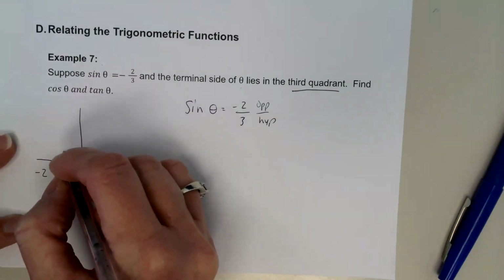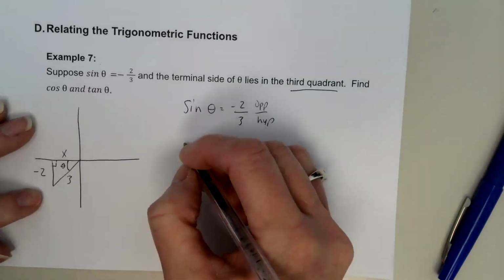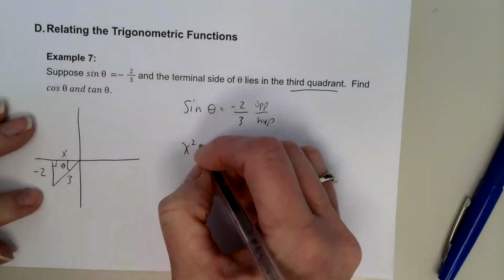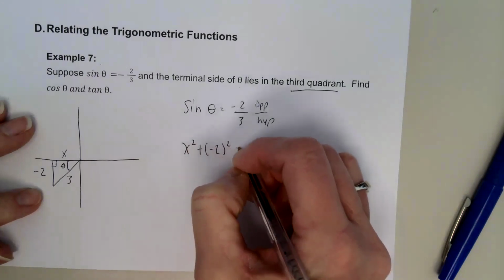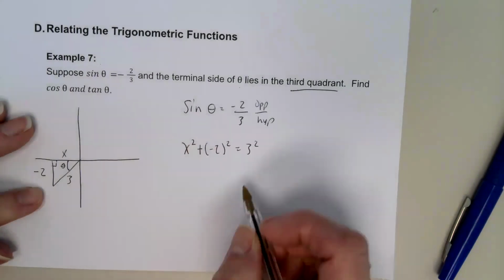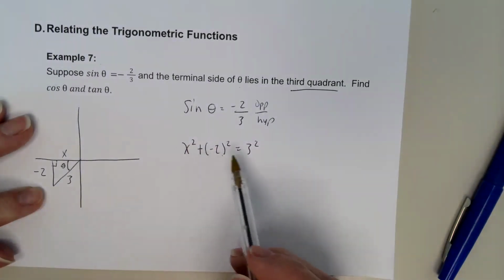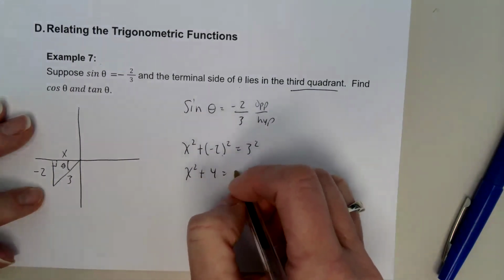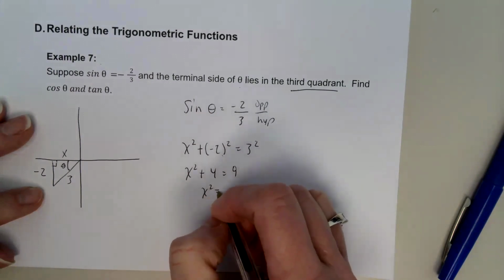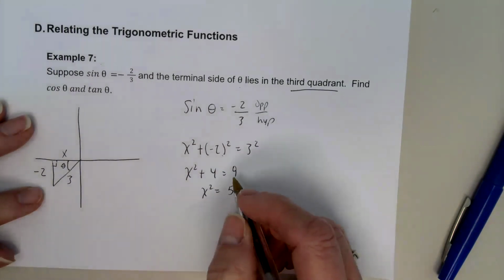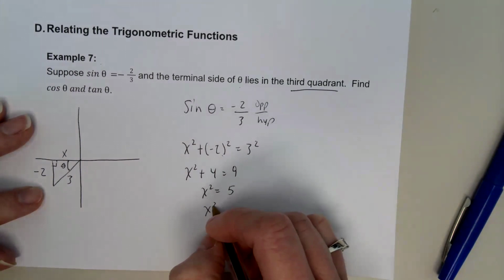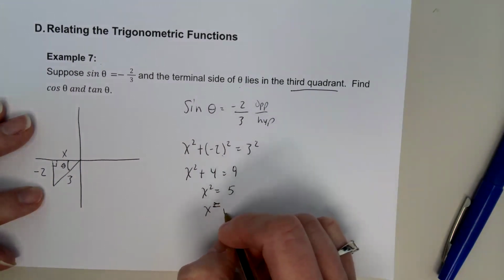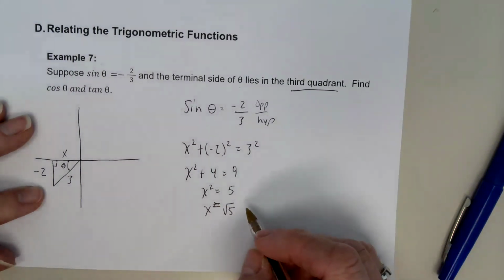I know it's negative, but I don't know what it is. So I know that x squared plus a -2 squared equals 3 squared, because I know a side and my hypotenuse. So x squared plus 4 equals 9. So x squared equals 5 when I subtract 4. And taking the square root of both sides, I get x is the square root of 5.